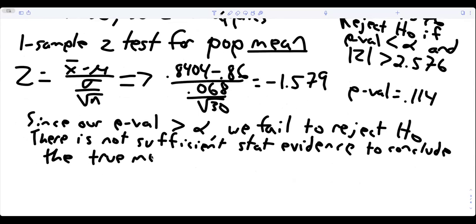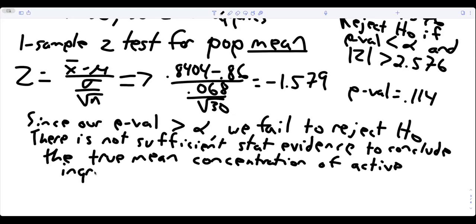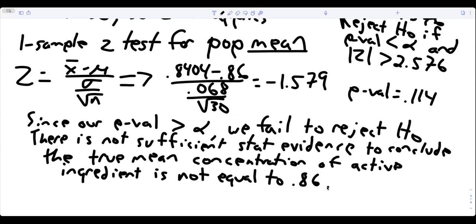So the true mean concentration of the active ingredient is not equal to 0.86. It must be in terms of the alternative hypothesis.